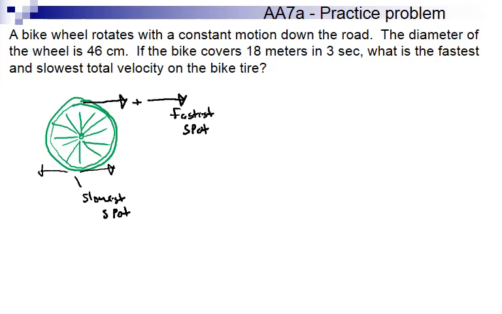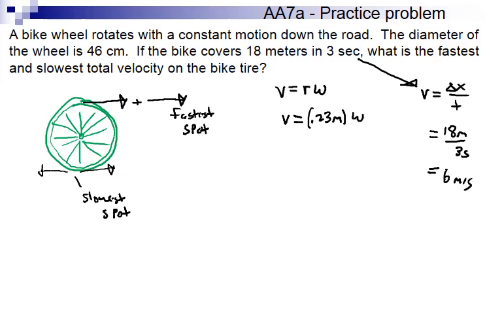So go ahead and pause, and then when you're ready to check, you can hit play. So we know the difference between the linear velocity and the angular velocity, we can get simply by multiplying the radius times the angular velocity. And so in this case here, 0.23 is the radius, and we know it's covering 18 meters in 3 seconds.